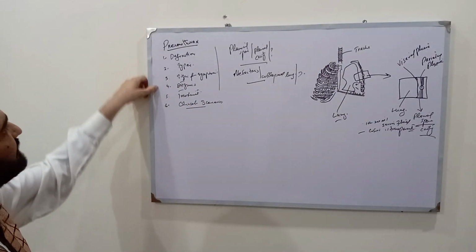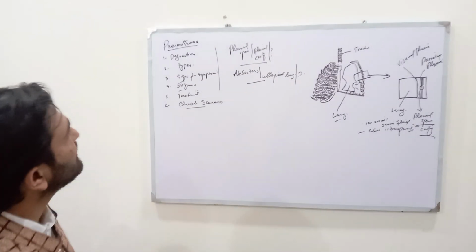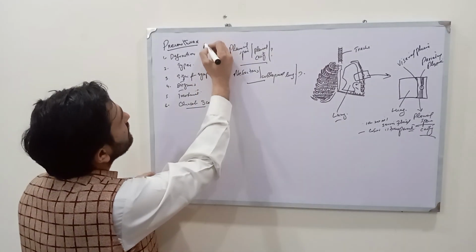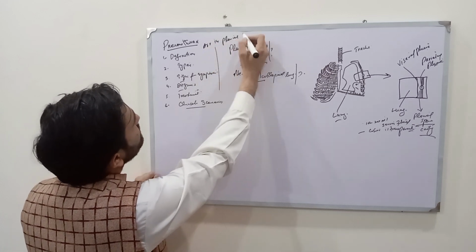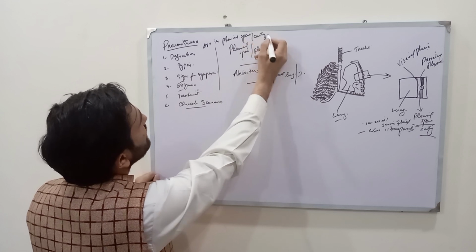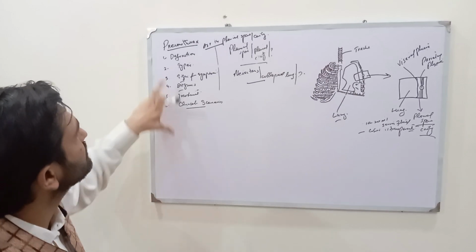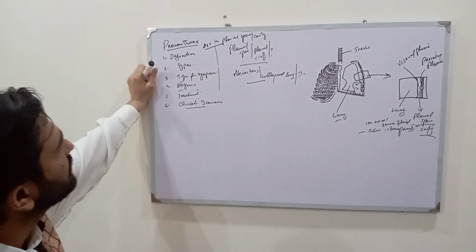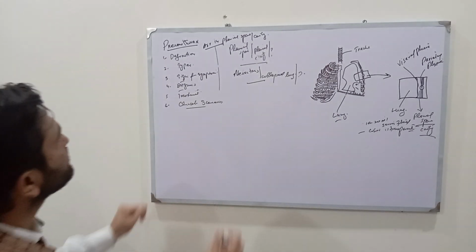We start discussing pneumothorax. So what is pneumothorax? Air in the pleural space or cavity is called pneumothorax. So what are the different types of pneumothorax?